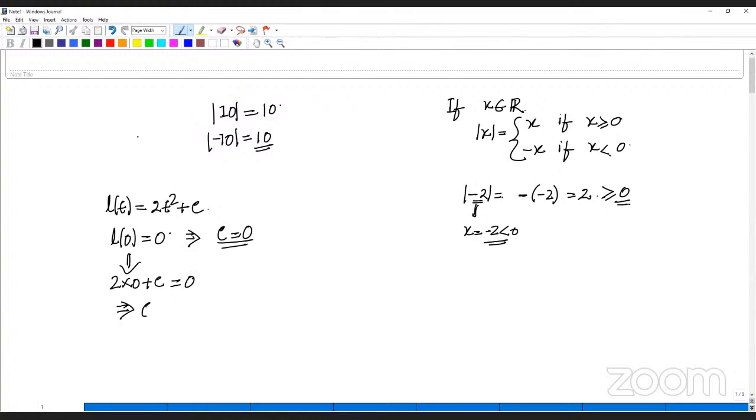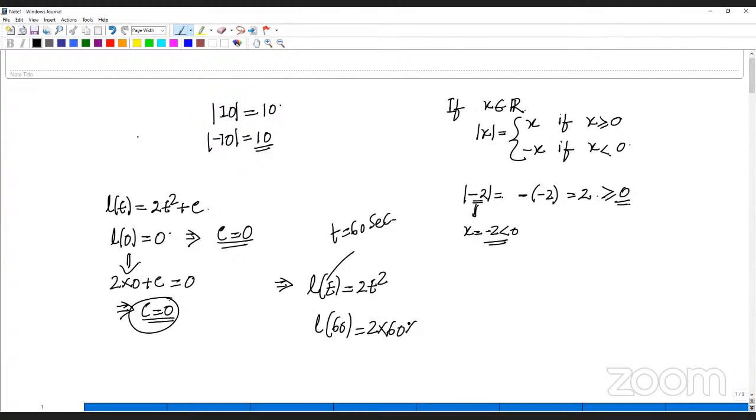That means C is 0. So now your equation is basically L of t is 2t square, and you want to find the total number of likes at the end of 60 seconds. So your time t is 60 seconds, and you just need to compute L of 60: 2 into 60 into 60, which is 7200.